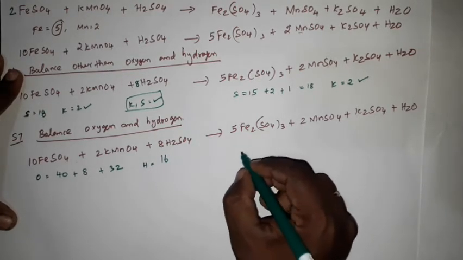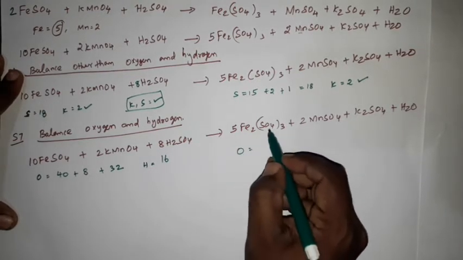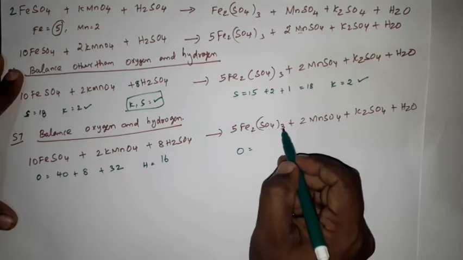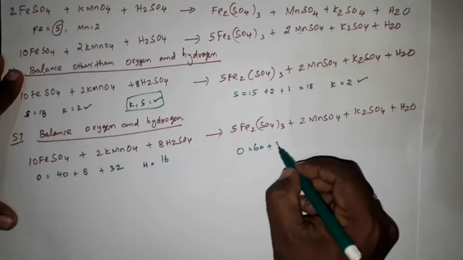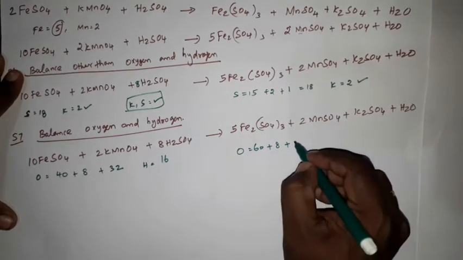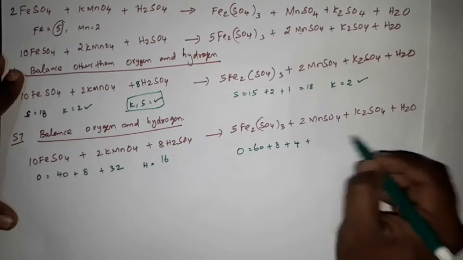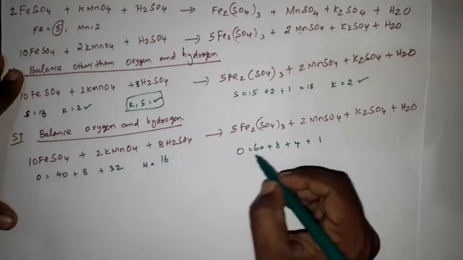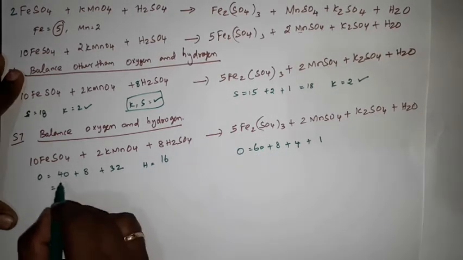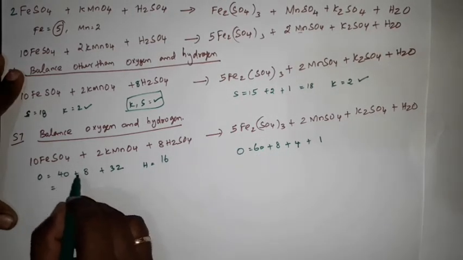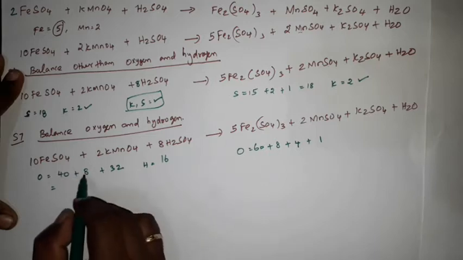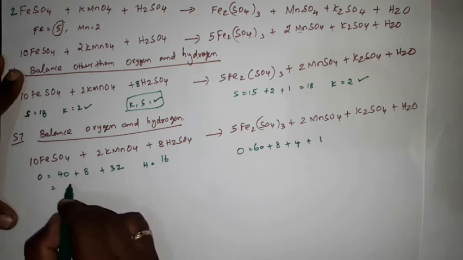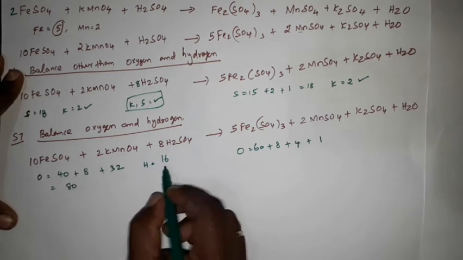Then this side you check, oxygen here 4 into 3 is 12, 12 into 5 is 60, plus 8 plus 4 plus only 1 is here. So here total comes 48 plus 32, 80 oxygen, 16 hydrogen.